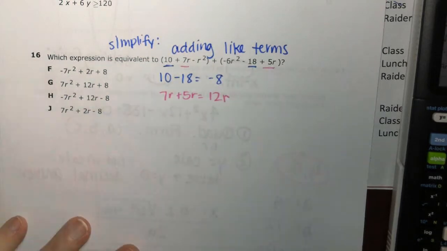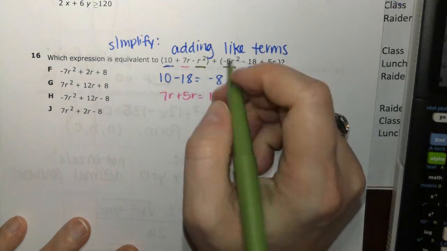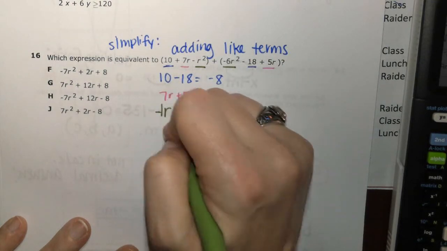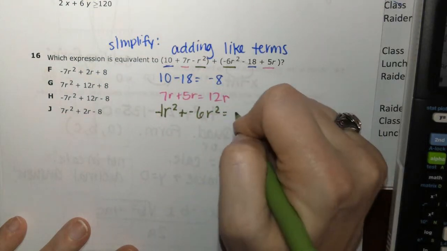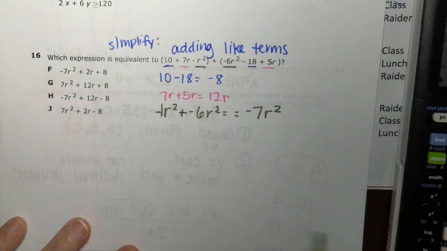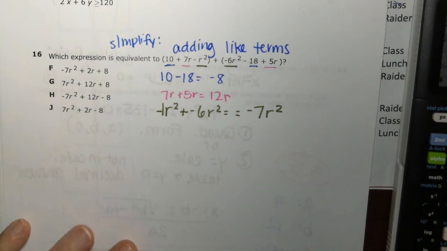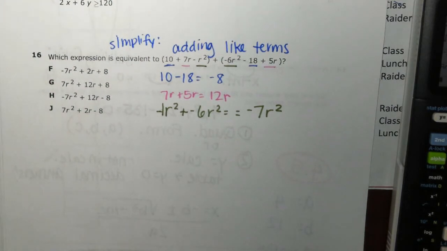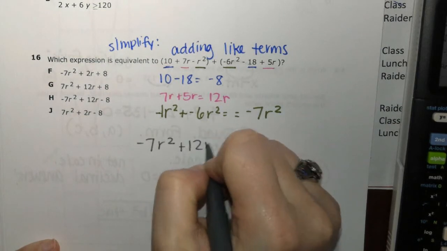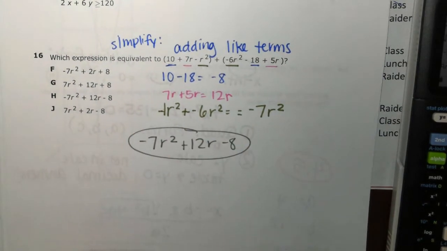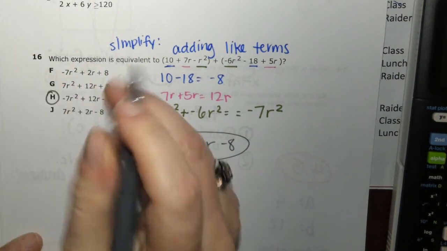That's going to give you a 12r. And we have some r squareds. We have a negative 1 r squared plus a negative 6r squared, and that's going to give you a negative 7r squared. So just put those in order. You usually start with your squared term. Negative 7r squared plus 12r minus 8. So that's H.